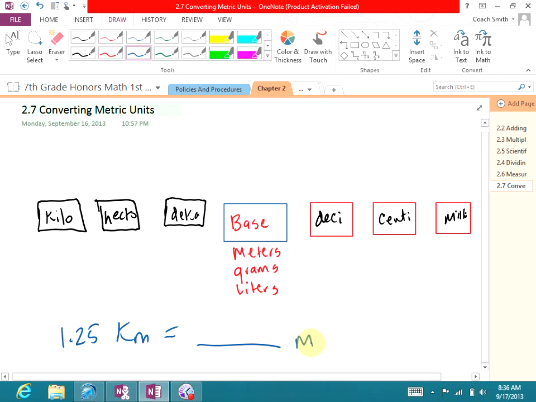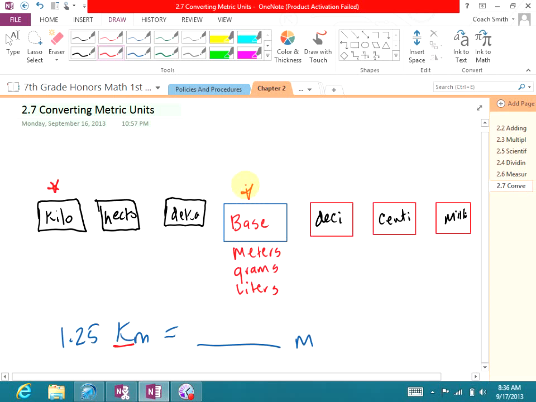To figure that out, all we got to do is memorize our boxes. So it's good that you memorize them. Basically what that means is this. Here's where I'm going to start, at the kilos, for kilometer. And I'm going to go back to meters.